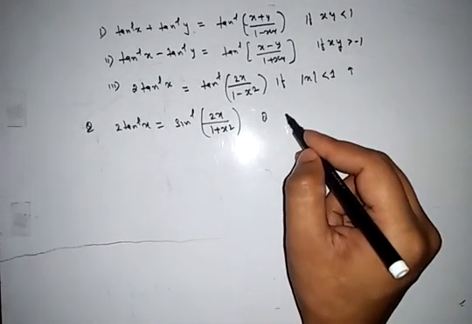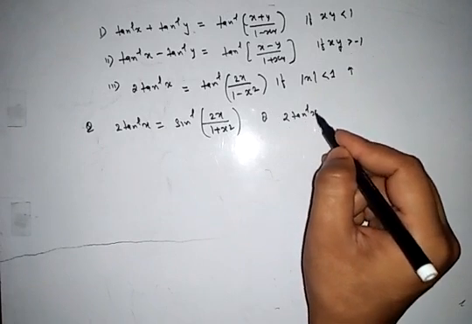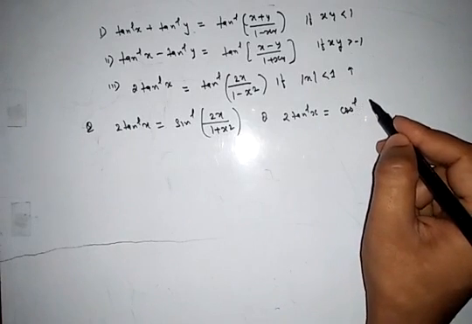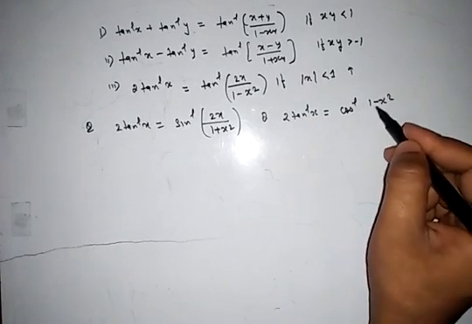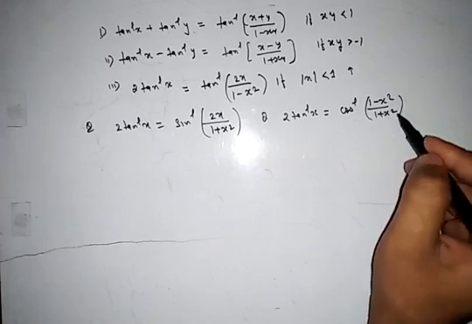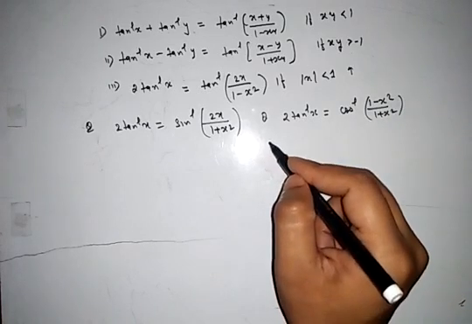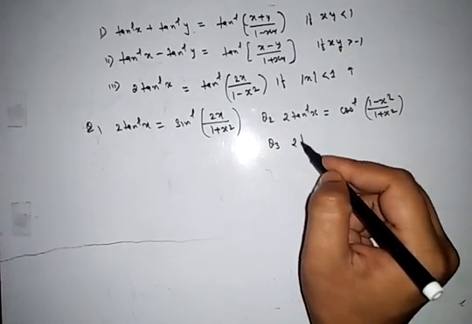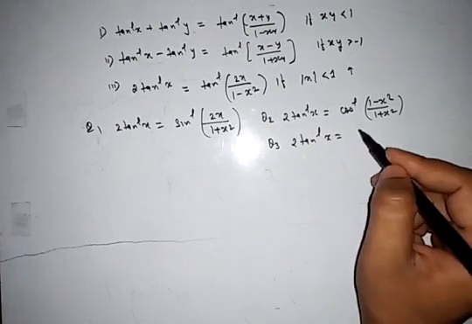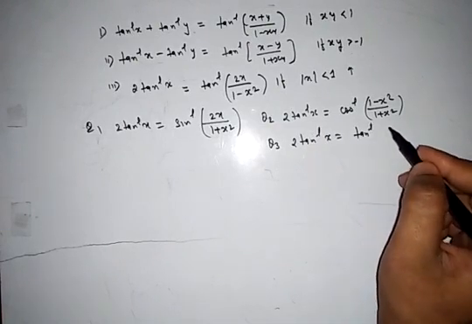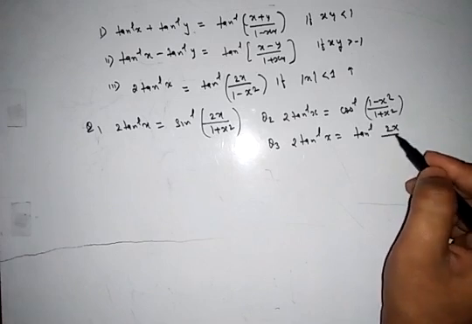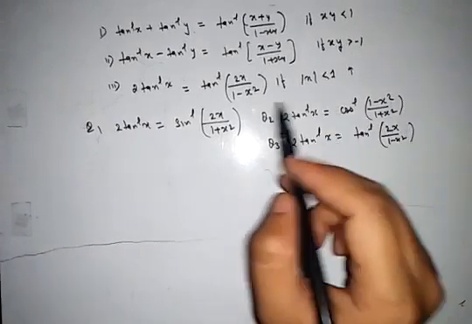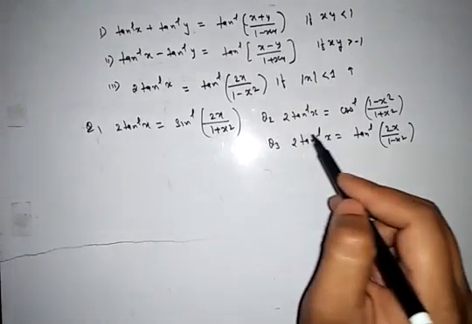Another question: twice of tan inverse x is equal to cos inverse of (1 minus x square) by (1 plus x square). Similarly, the third question: twice of tan inverse x is nothing but tan inverse of 2x by (1 minus x square). We have to prove the left side equal to the right side.